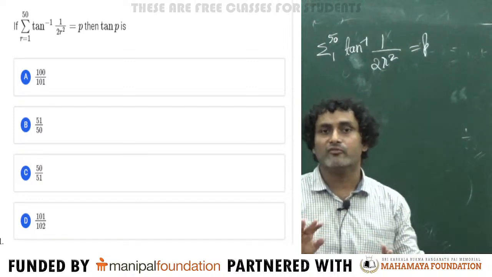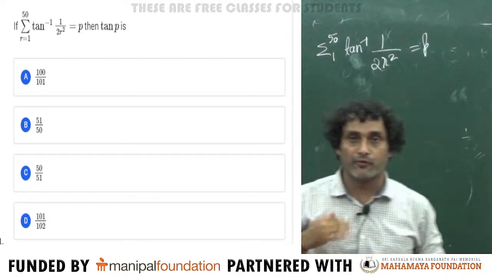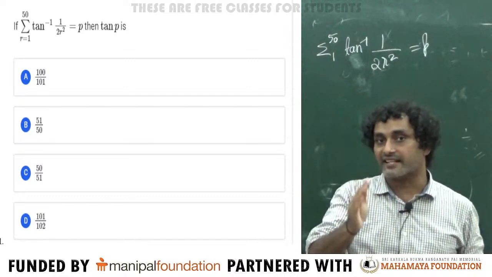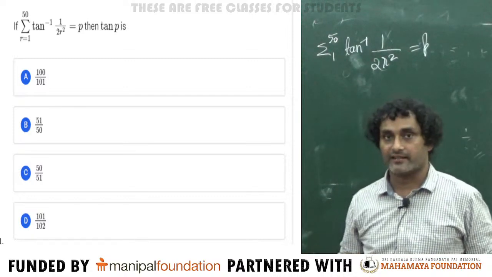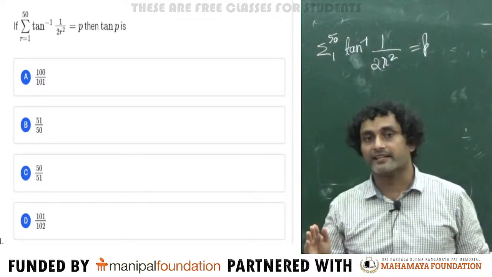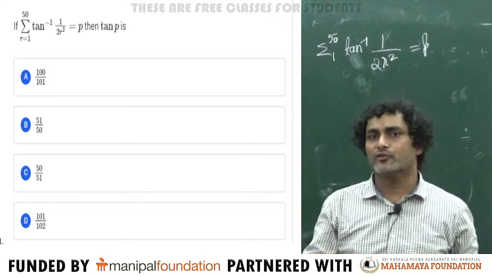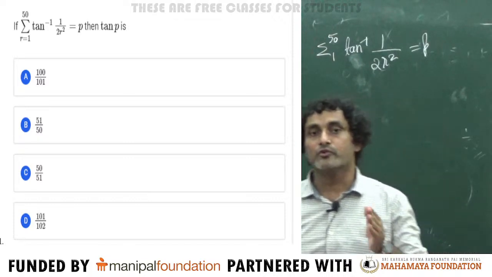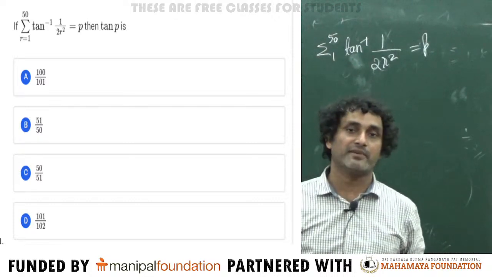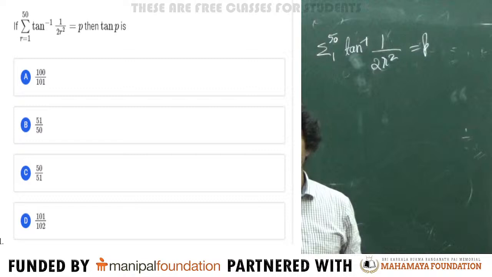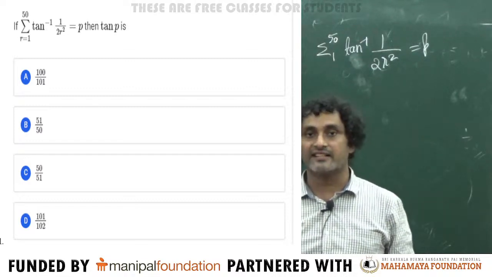Somehow I want it in the form tan inverse x minus tan inverse y. If I get it in that form, then I know the formula, right? Who is tan inverse of (x minus y) by (1 plus xy)? Isn't it tan inverse x minus tan inverse y?